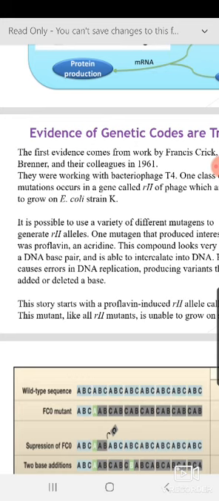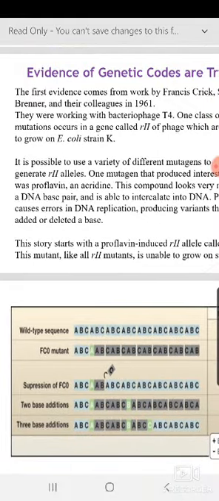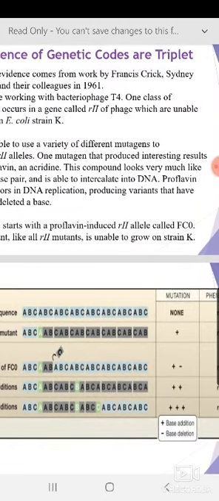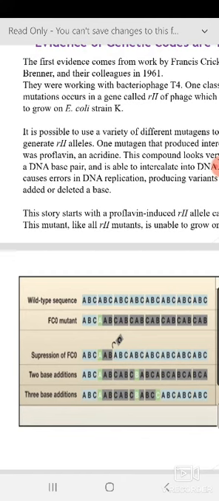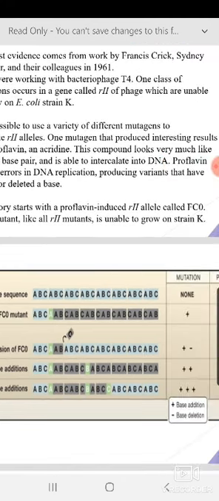So if you incubate the T4 bacteriophage and study that gene region, you get different phage strains with either an insertion mutation or a deletion mutation. This story starts with the proflavin-induced R2 allele, which they named FC0. Like all R2 mutants, it is unable to grow on strain K.